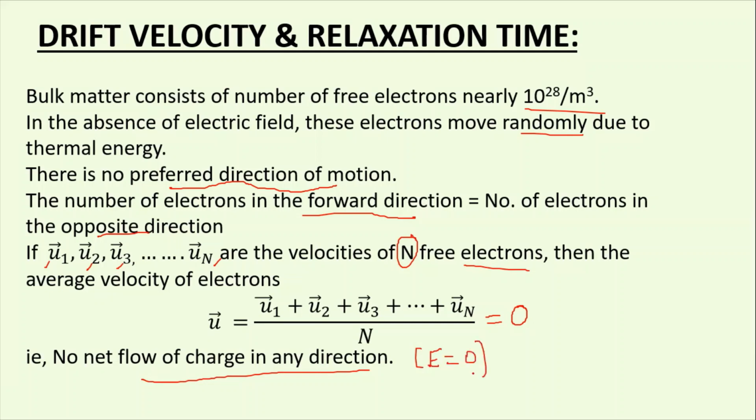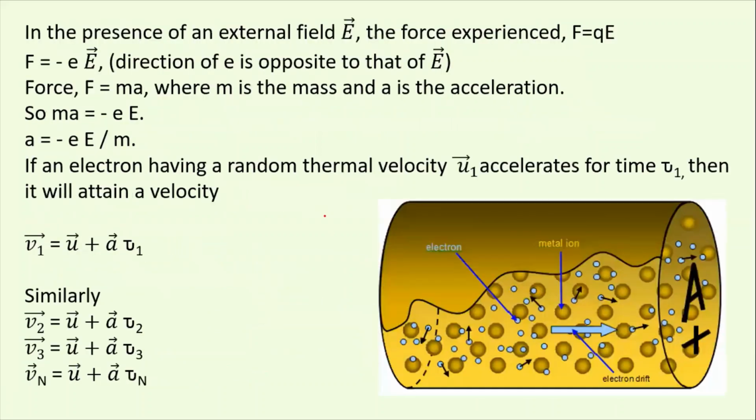Okay. So in the first case, what happens to the velocity when the electric field is equal to 0? Now, if an electric field is applied, that is, in the presence of an external field, you know that F is equal to QE. இங்க வந்து Q என்பது என்னது?